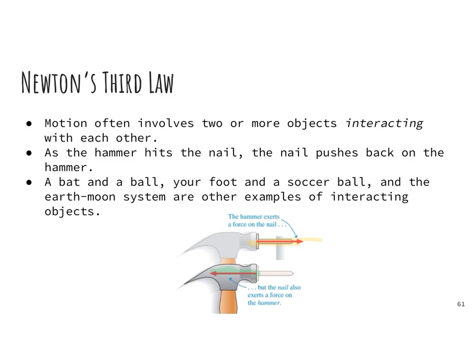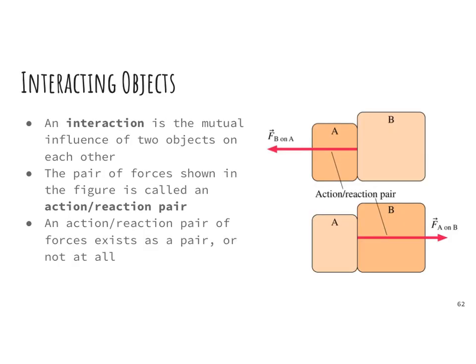Same thing if a bat hits a ball, your foot on a soccer ball, and the earth and the moon. There are all these action-reaction pairs. They involve two things interacting with each other.